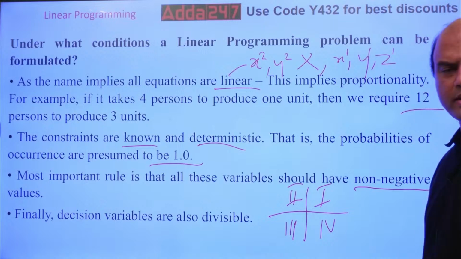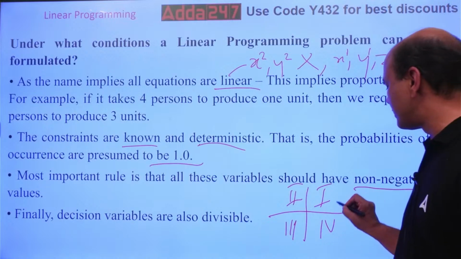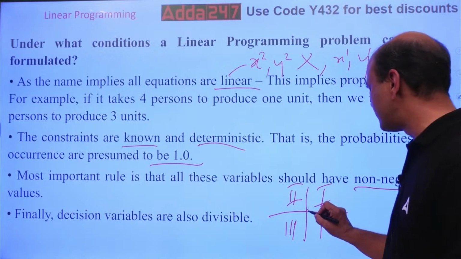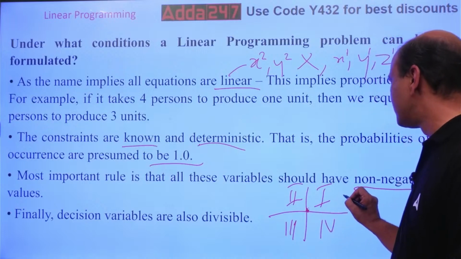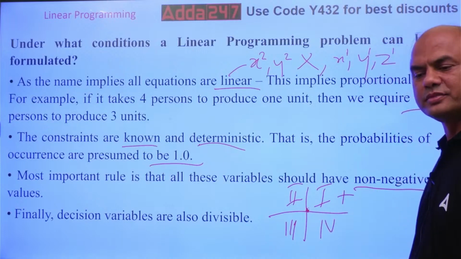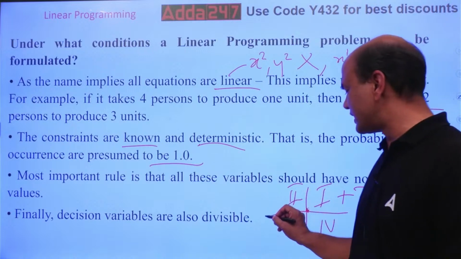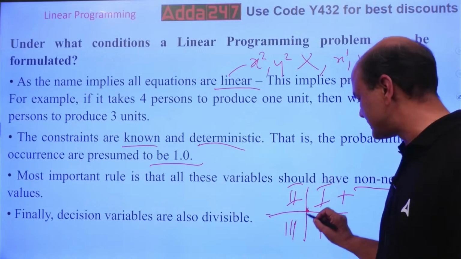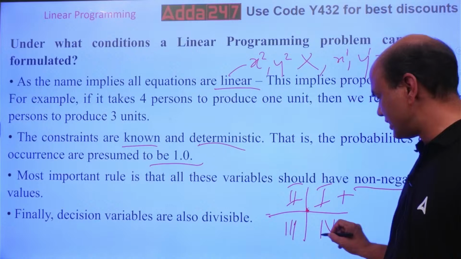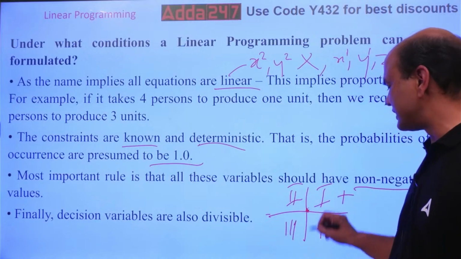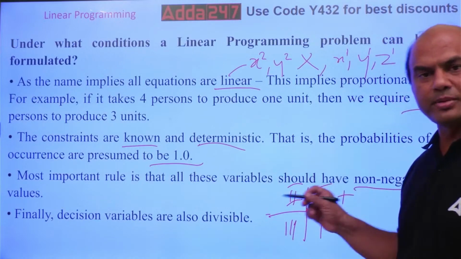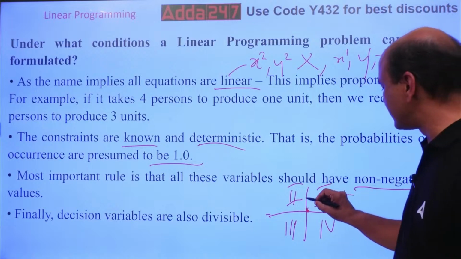Right? These are the 4 quadrants. In first quadrant, both are positive. X is positive, Y is positive. Here X is negative and Y is positive. Here X is negative, Y is negative. Here X is positive and Y is negative. So LPP is compulsorily in this area.